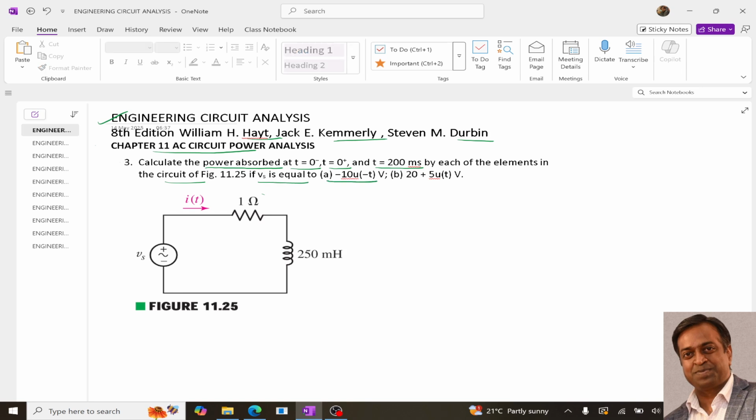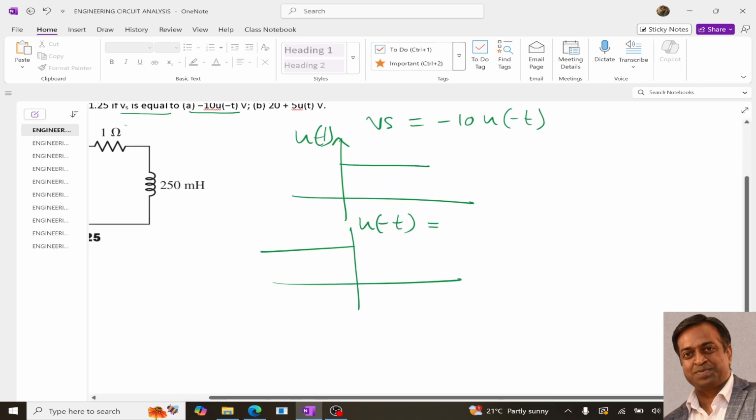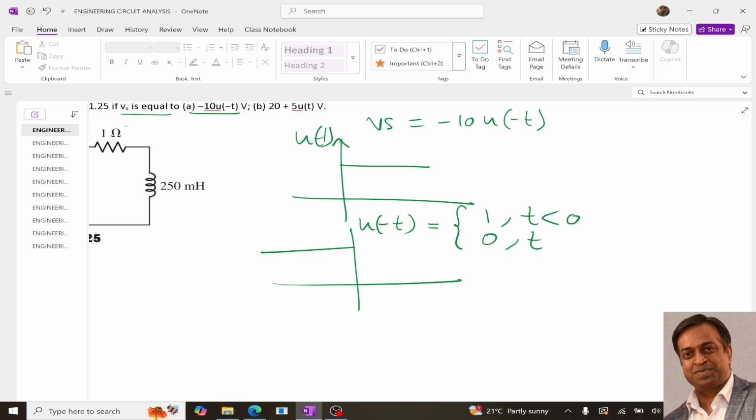Now when it is said that Vs is equal to minus 10 u(-t), we know that this is u(t). So when we have u(-t), it means that it will be 1 for t less than 0 and 0 for t greater than 0.